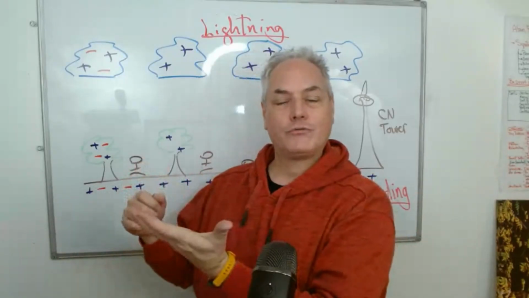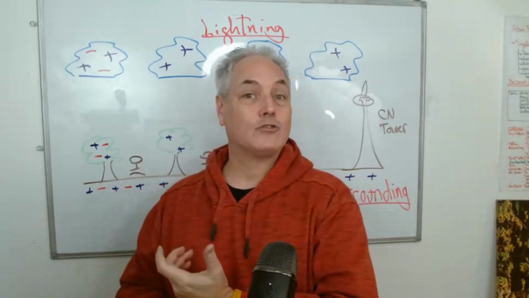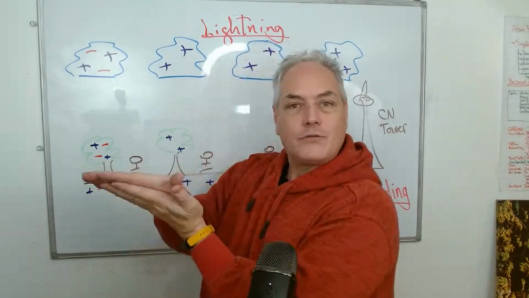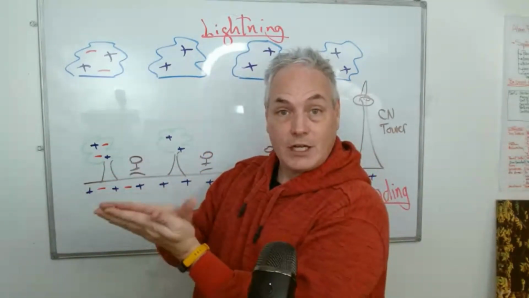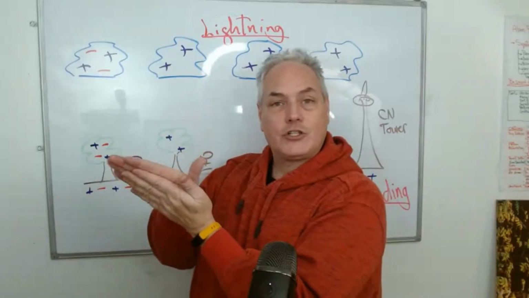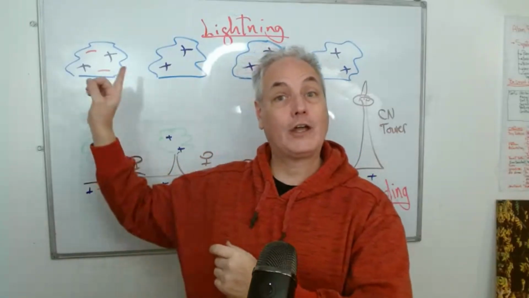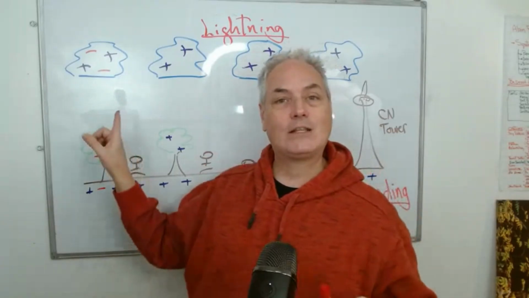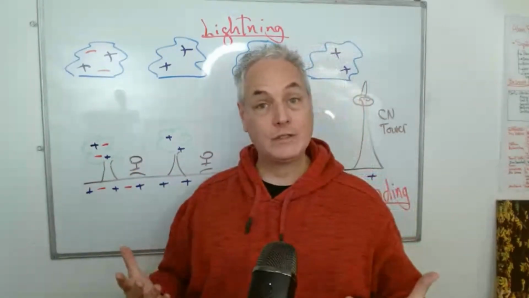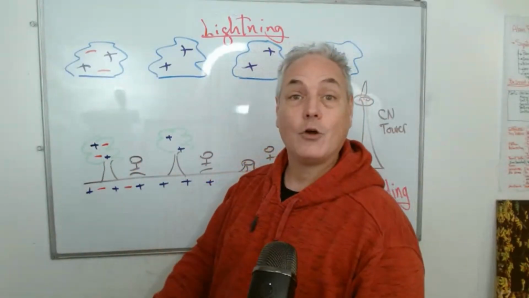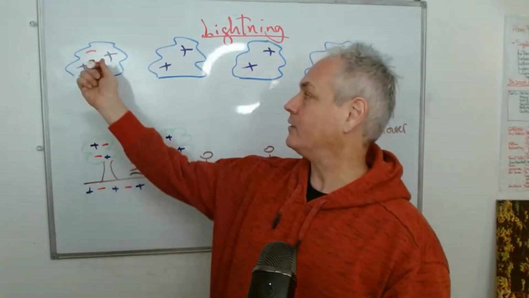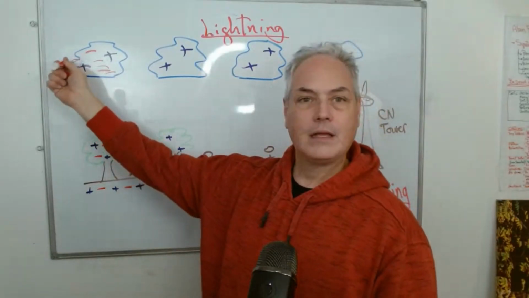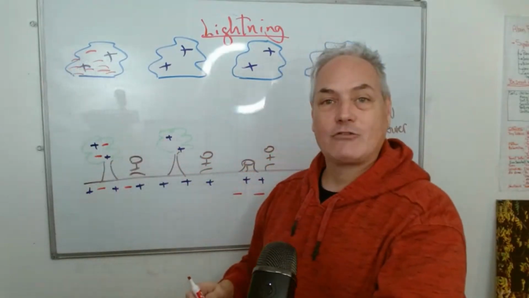So when you have cold air that tends to be drier, there's friction between the two types of air. So here you can charge a cloud by friction. The dry air will lose electrons, and you would have water in the clouds accumulating electrons.